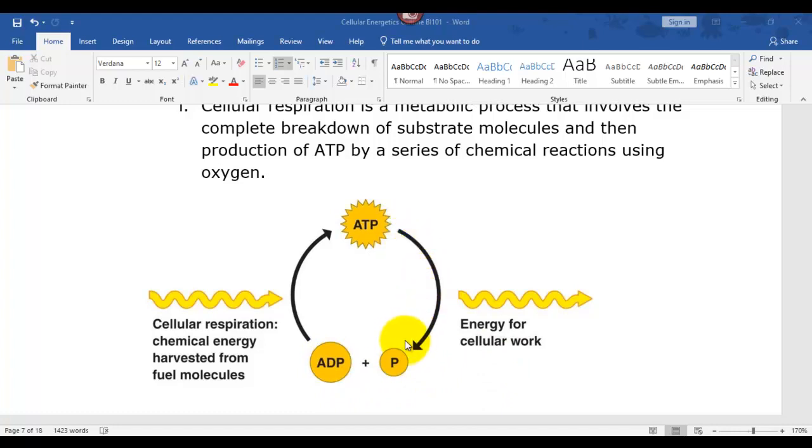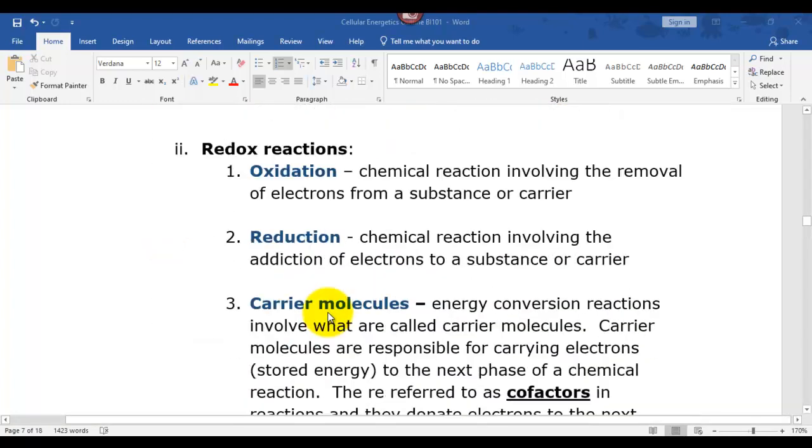And when you break this bond off, there's an energy release, and that's what cells use to power their functions. The thing is, producing ATP also requires energy. To take that phosphate and reattach it to an ADP to make ATP also requires energy. So now we're going to talk about the pathways that do that.